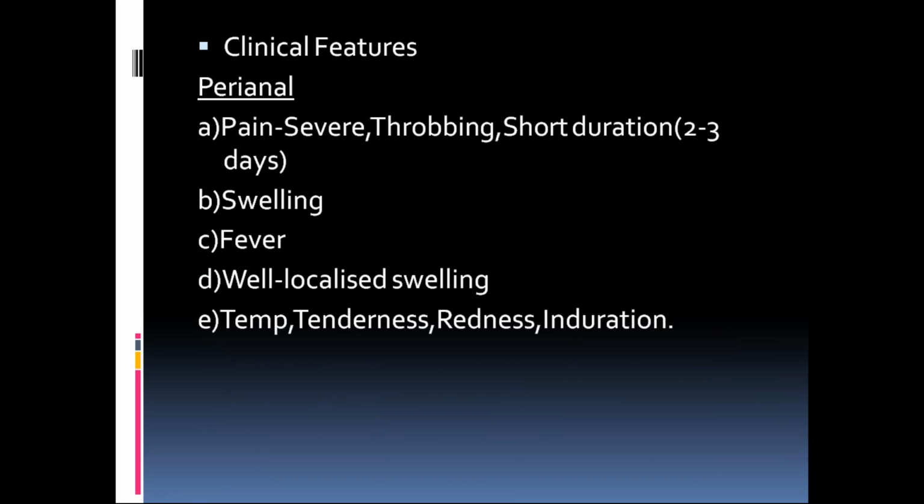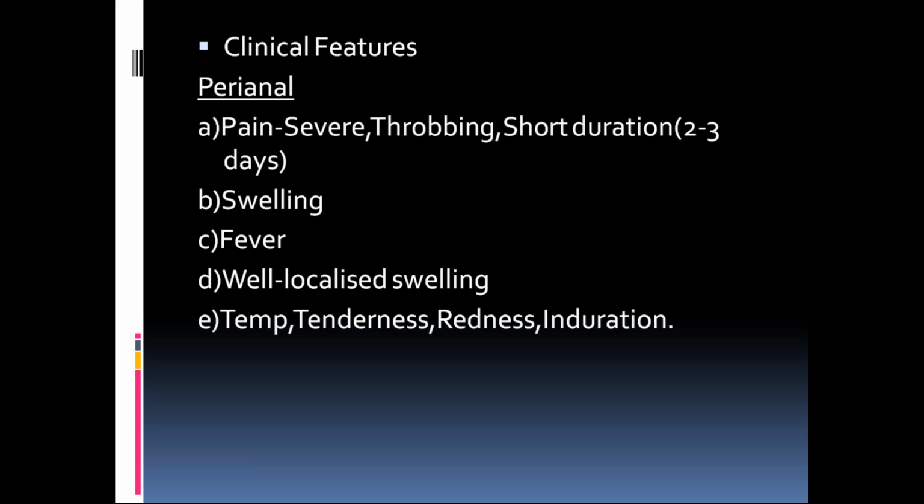So he will be presenting with acute pain of short duration, which is throbbing type of pain, with a swelling near the perianal region, and the patient will have a mild fever also. On examination you can see a swelling situated in the perianal region.